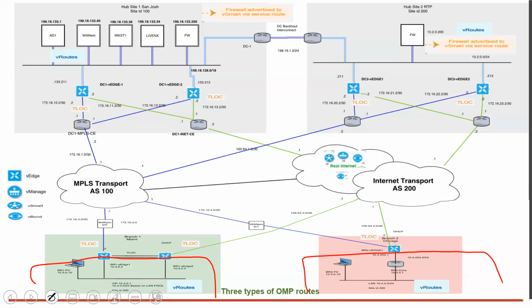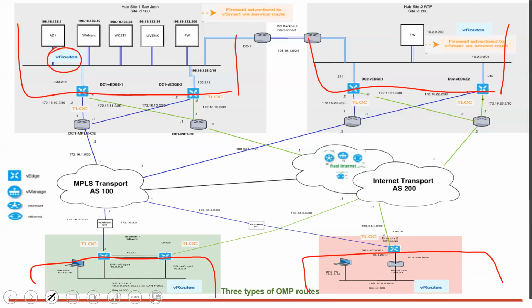Initially, when Viptela created their SD-WAN, they called these service-side VPN routes the Viptela routes. So here you can see these V routes. They are nothing but the service-side VPN routes.